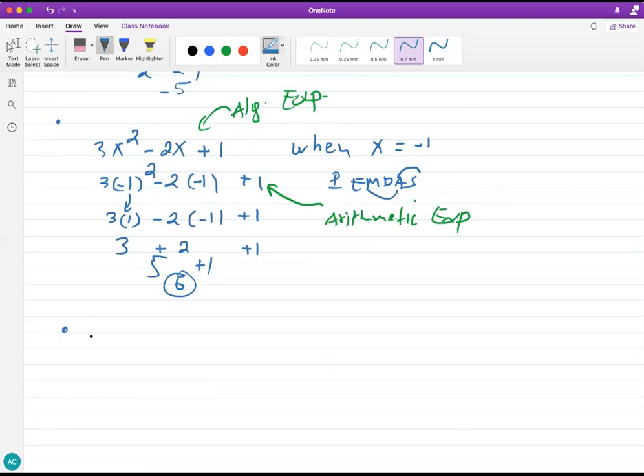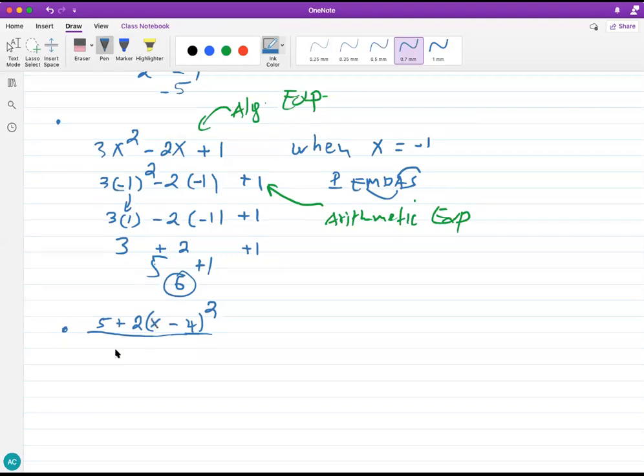Now I'm going to do an expression with a fraction. So you may have something like this, and some other stuff down here at the bottom. We need this to be an expression, so we need an x somewhere before we simplify it.